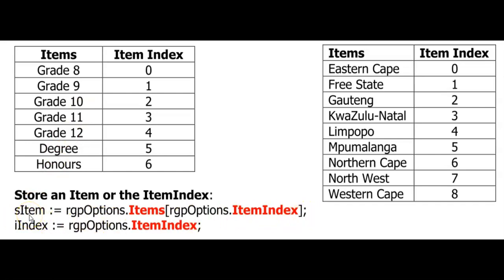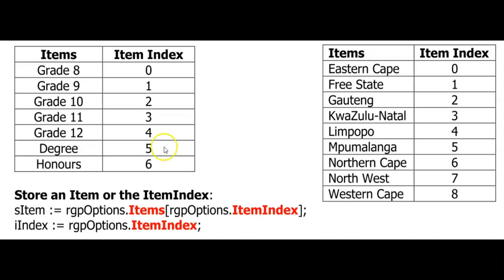So I am going to store a string because items are strings, and then I follow that with the name of the object, dot items, and in square brackets I indicate the index number using the name of my object dot item index, and ending the square brackets there. So if the person clicked on grade 10, this here will have a 2 in it, and the word grade 10 will be stored as item, since item index number 2 contains the item grade 10.